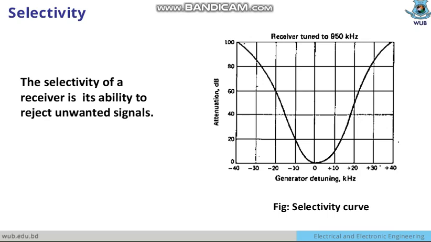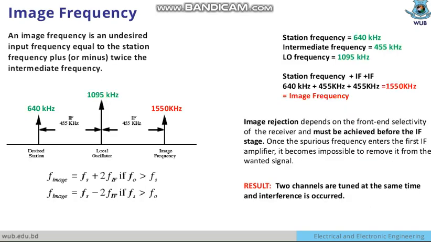There will be less attenuation at the center frequency, not at the corner frequency, and that is the selectivity. That means after rejecting the unwanted signals, we can get better amplification and we will get the desired signals right there.